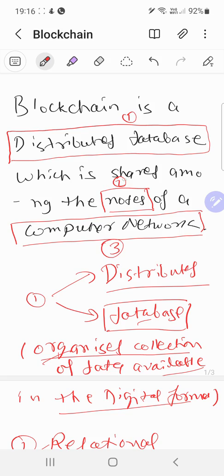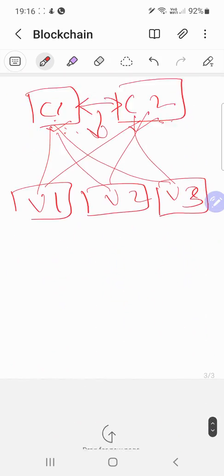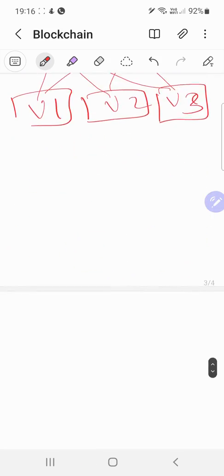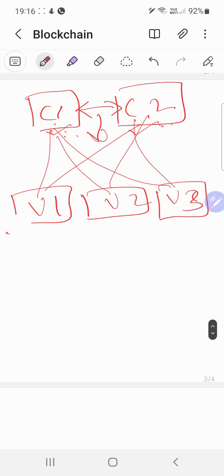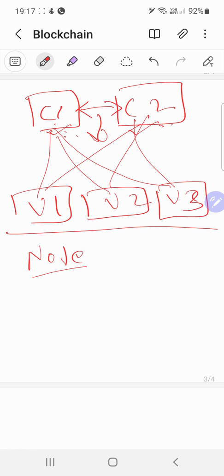Now the next point is node. What do we mean by a node of a computer network? You can think of a node as a physical device, or something that is being used to send information to another computer.